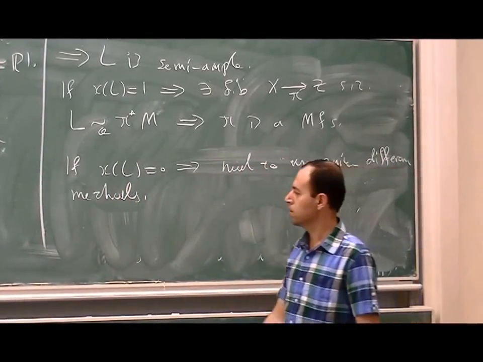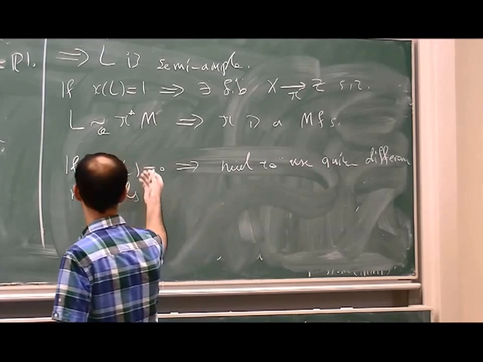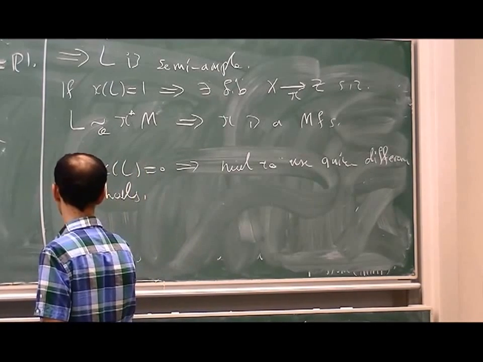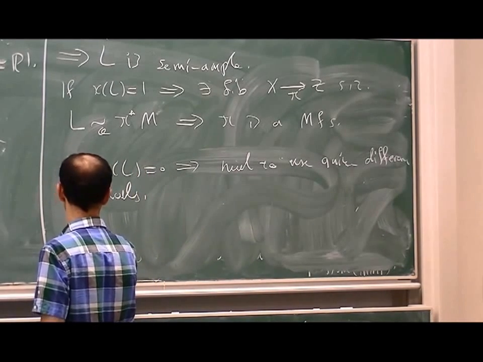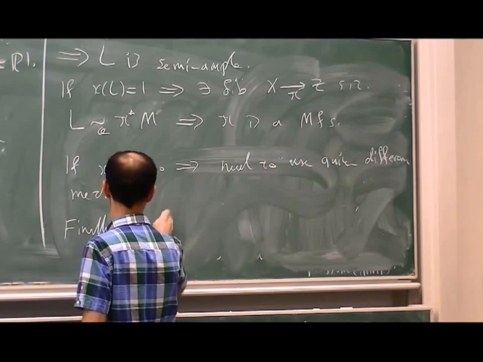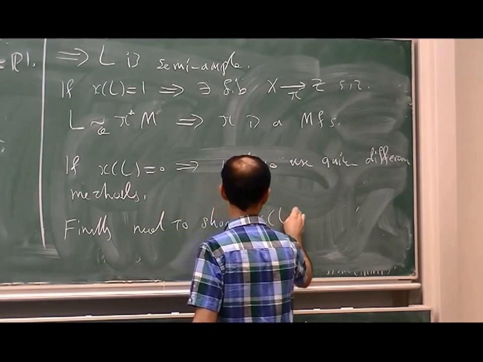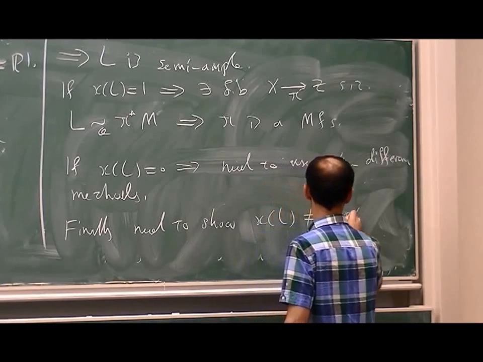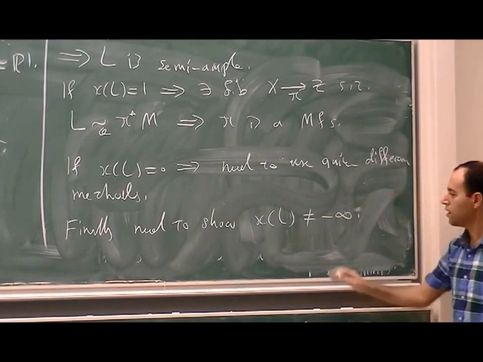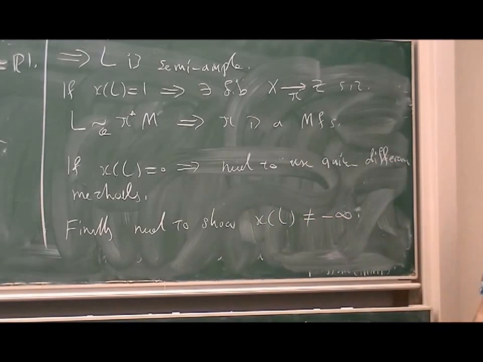And finally, you also need to show that the numerical dimension cannot be negative. Again, this goes through quite different methods.